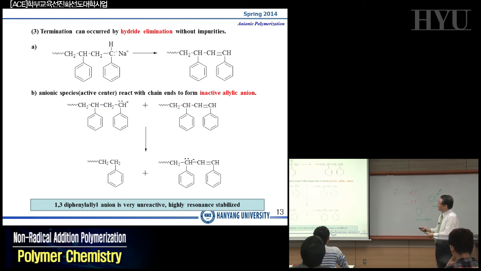It's also possible that this chain-end carbanion and the double-bond-containing polymer terminating species will form this allylic anion.